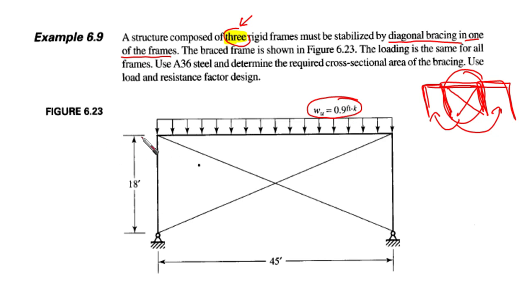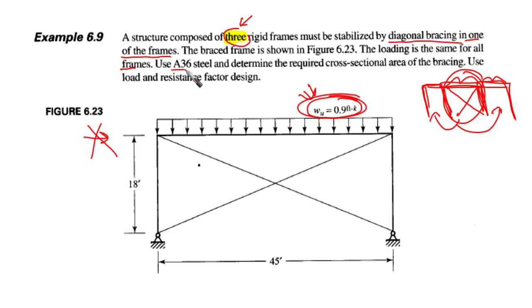As you can see, we do not have any lateral forces, just gravity forces. And we need to provide diagonal bracing, as you can see here. The loading is the same for all frames. This means that the three frames are going to be loaded with the same value of the ultimate intensity loading.